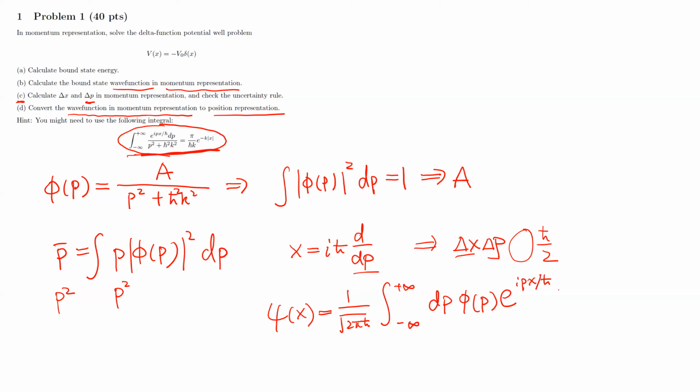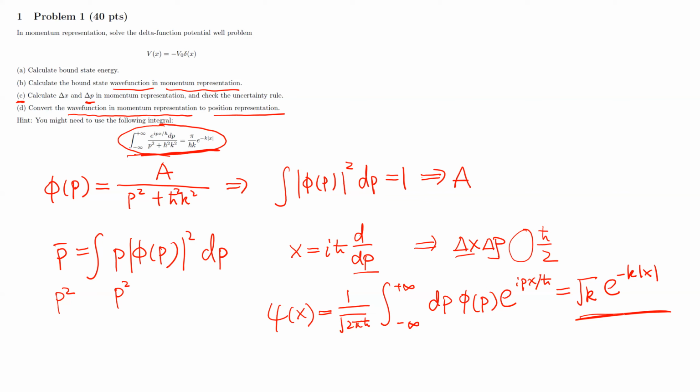Finally, you should get the result, square root of k e to the minus k x. So you get this very familiar result that we already derived in the lecture notes, coming from exactly the same solution as we derived in the position representation.